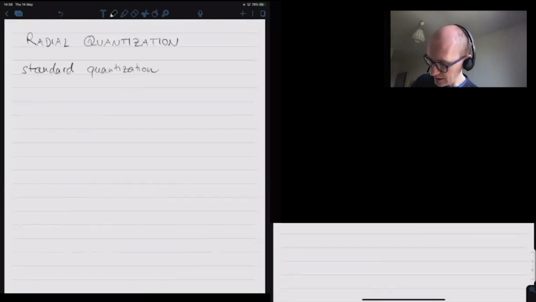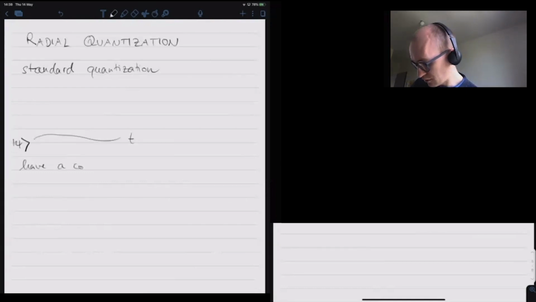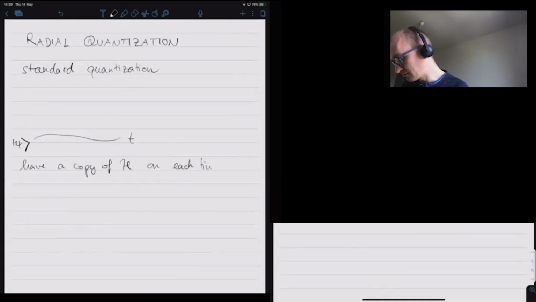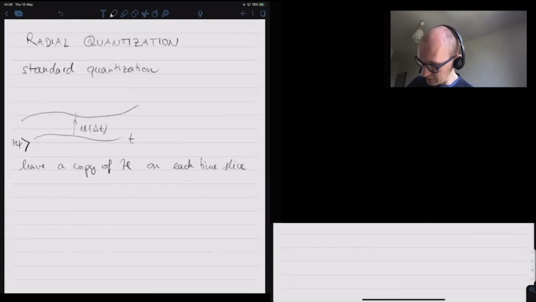Well, you have some time slice t, and on that time slice you specify a state. So that works because you have a copy of the Hilbert space on each time slice. I'm writing on each time slice, because there is also this unitary operator, which is time translation, U of, let's say, delta t, which evolves this time slice to a time slice, in this case, in the future.